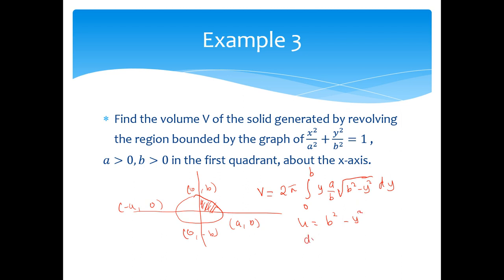That means du over dy is equal to negative 2y. So if we substitute everything back in terms of u, we're going to have the following.